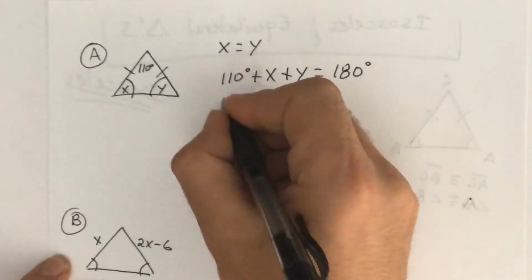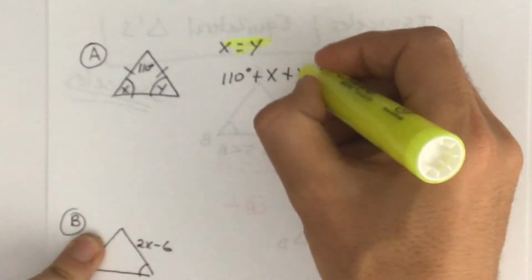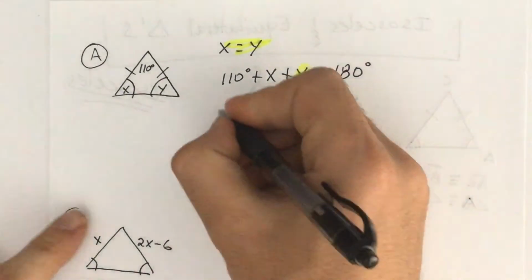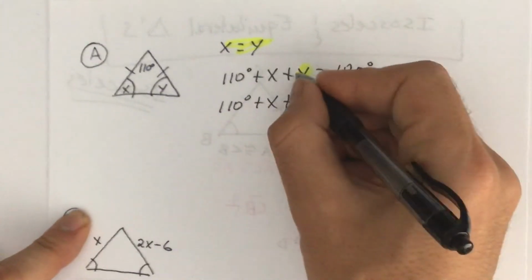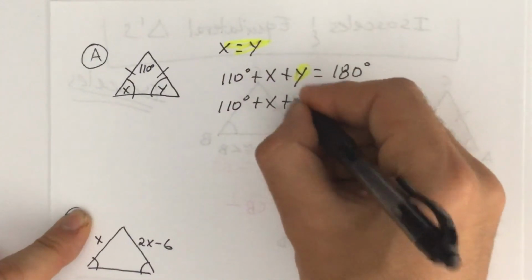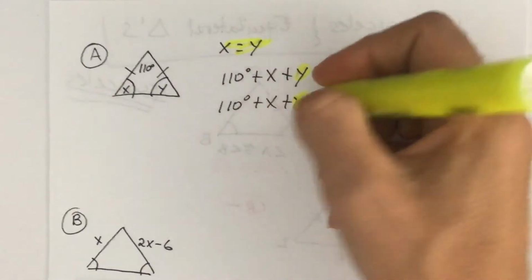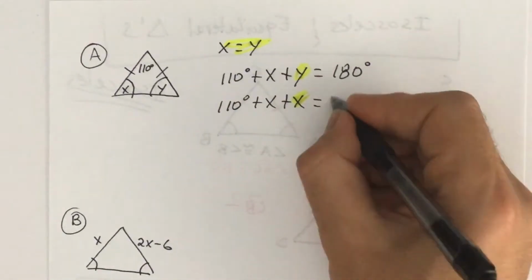I know that X is equal to Y, so I can do the substitution right there. And what we got is 110 plus X, because X is equal to Y. I did the substitution. Is equal to 180 degrees.